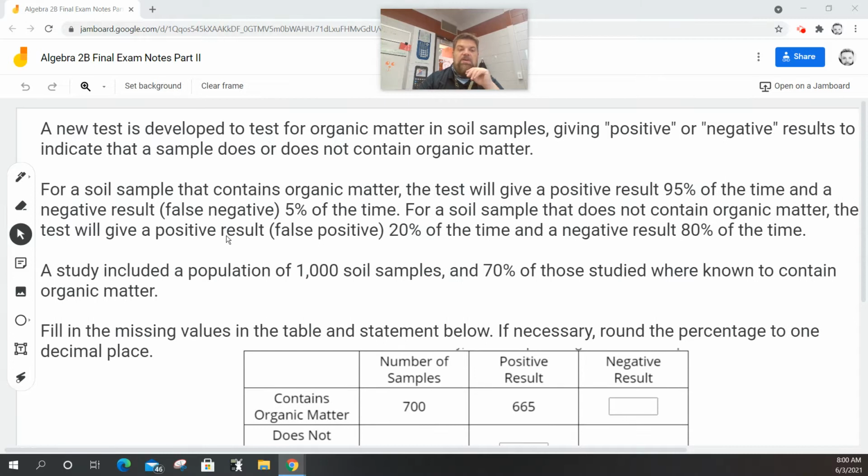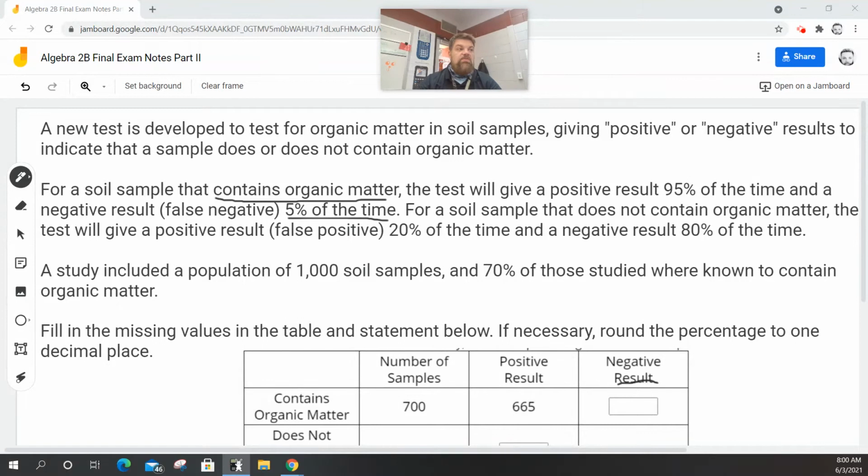So we have to go back up and look at the part where it says contains organic matter, and we're looking for the negative result. That's 5% of the time. So 5% of 700, because the number of samples is 700.